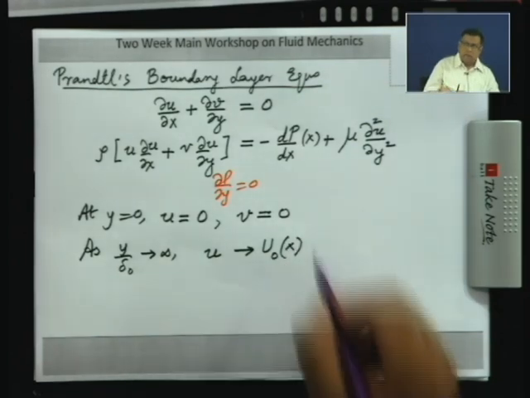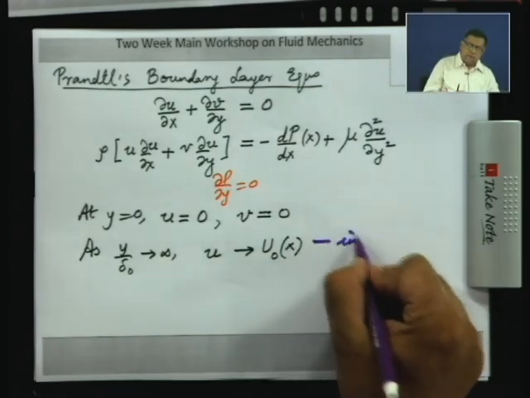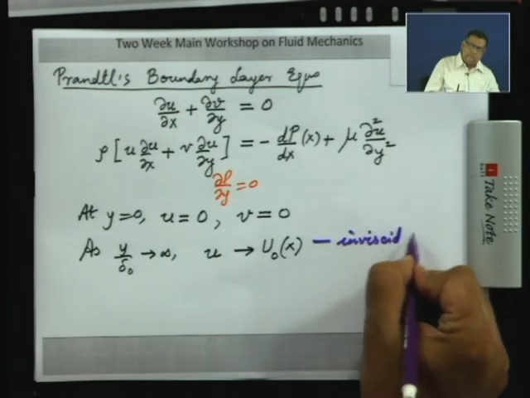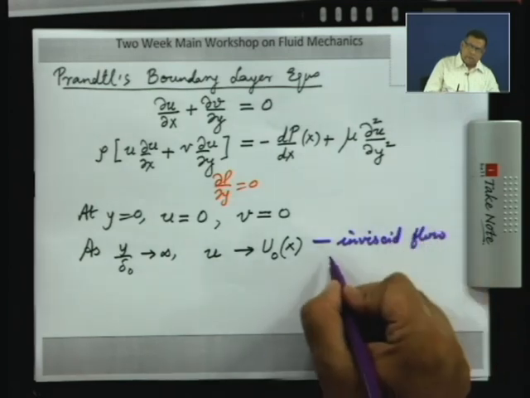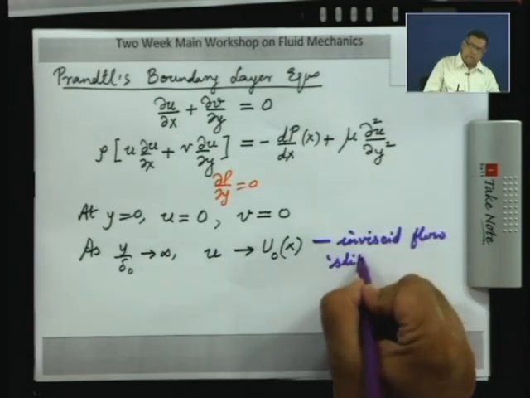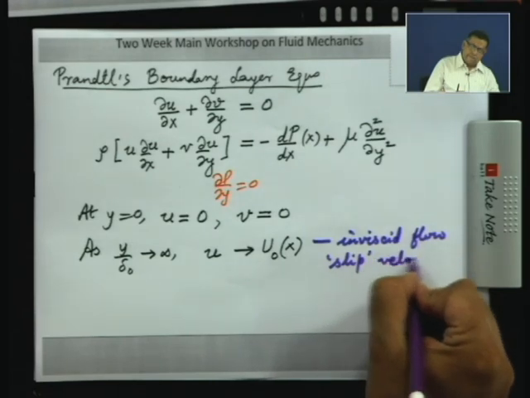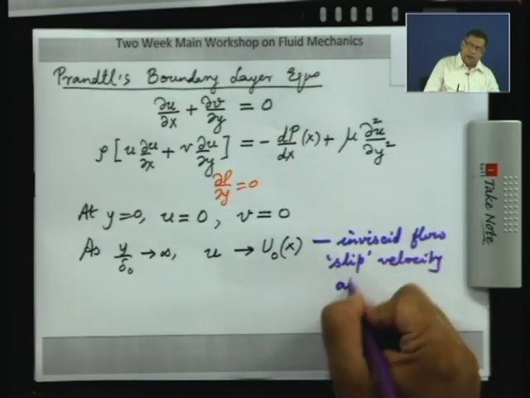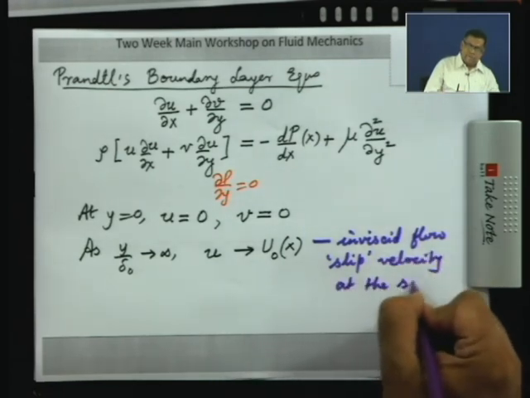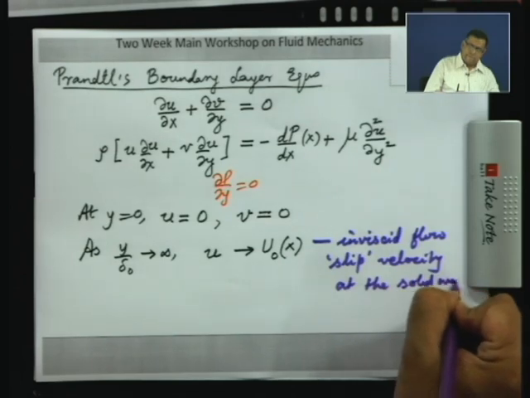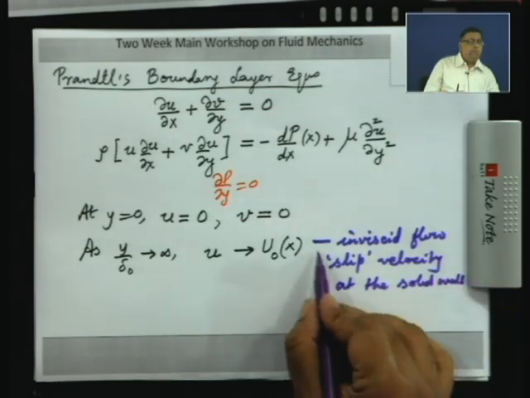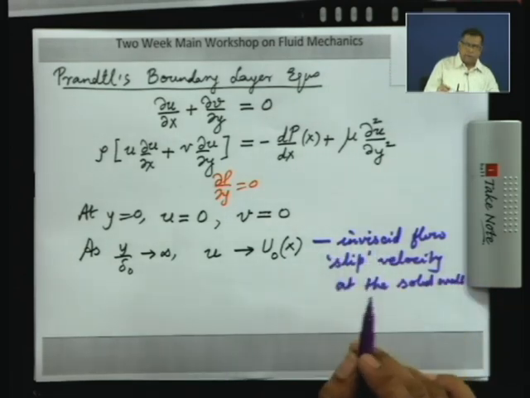So, this is the inviscid flow slip velocity at the wall. This is obtained by solving the potential flow equations.